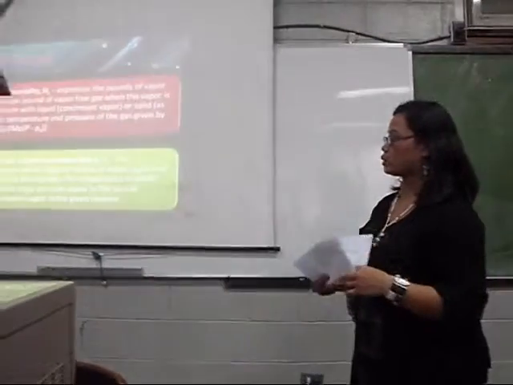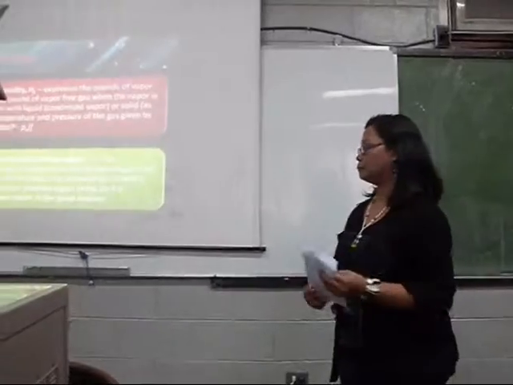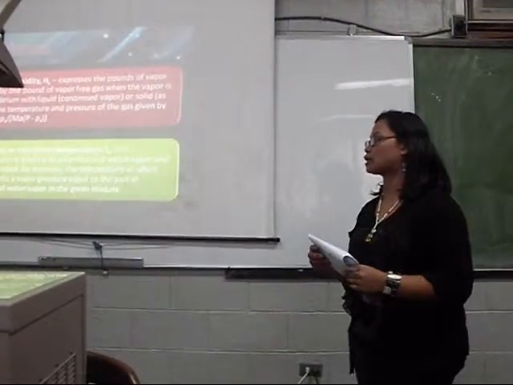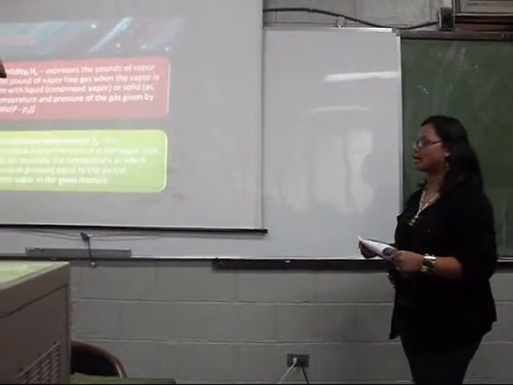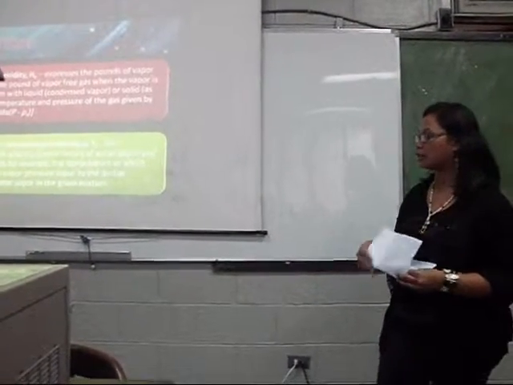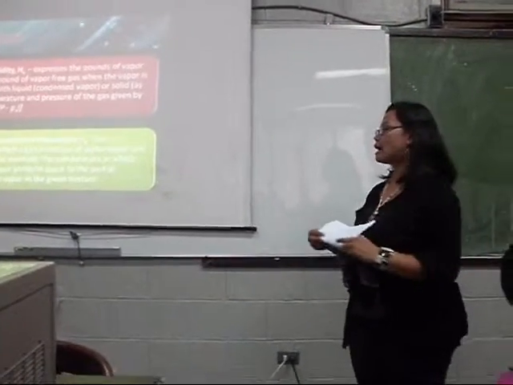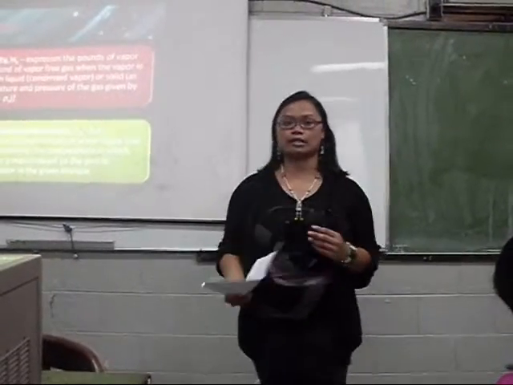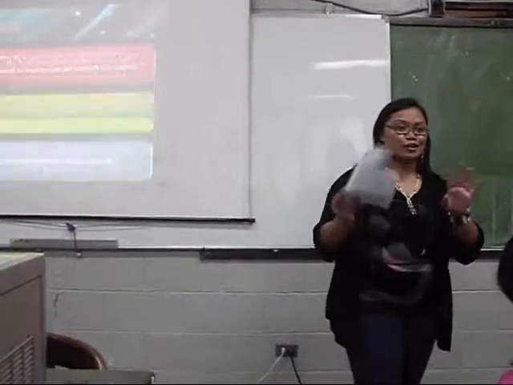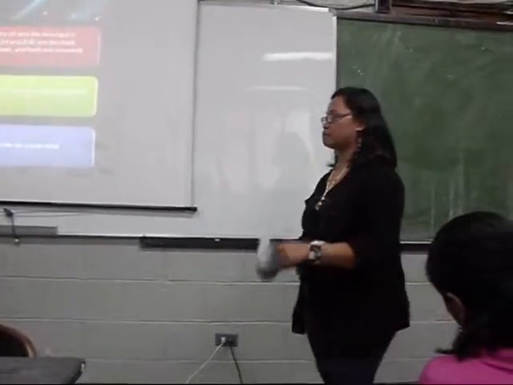Next one is the dew point or saturation temperature, noted as T sub E. This is the temperature at which a given mixture of water vapor and air is saturated. For example, the temperature at which water exerts a vapor pressure equal to the partial pressure of water vapor in a given mixture. So maybe the terms are too vague for you, but later on we will be using those terms.